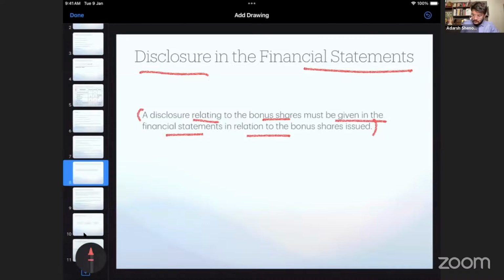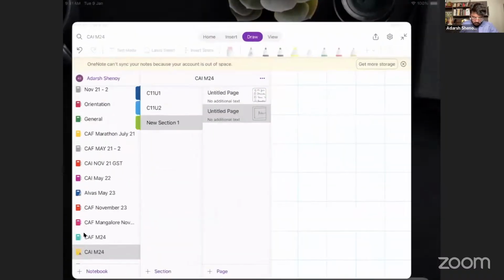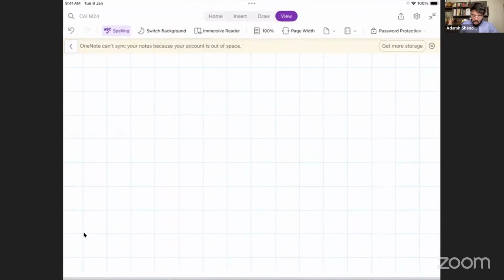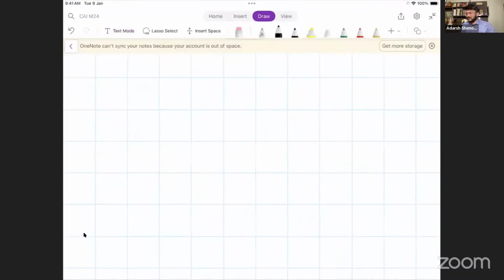So now we will discuss the journal entries for it. Let's come to the business end of our discussion. Bonus shares, very easy entries, nothing difficult over here.